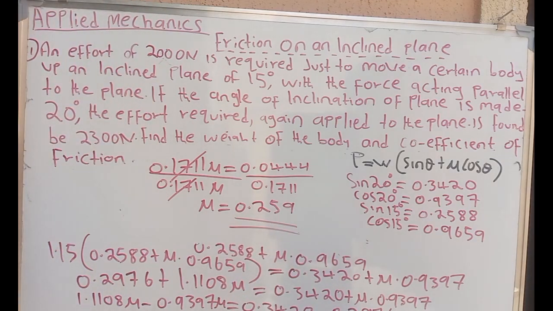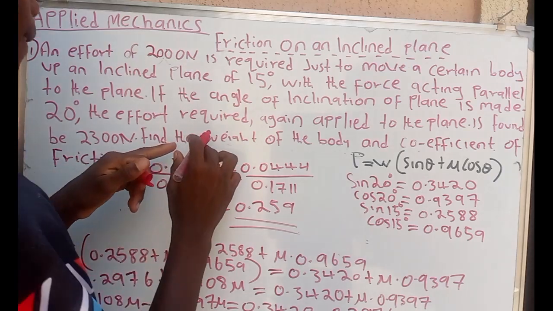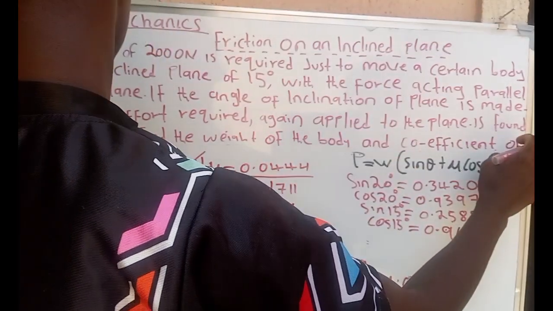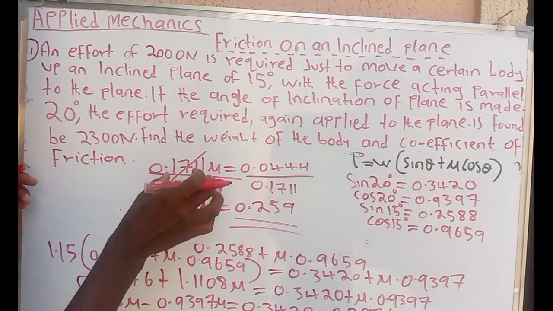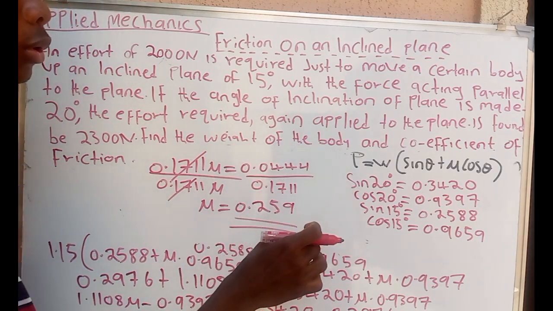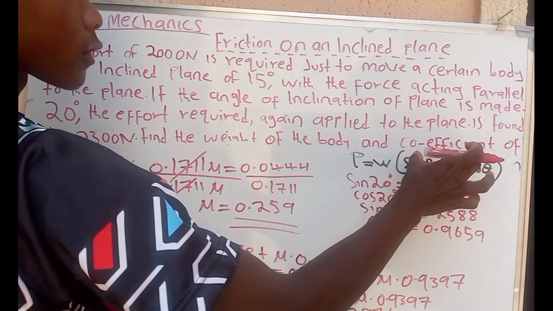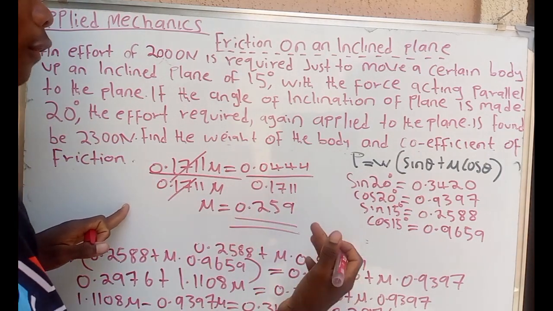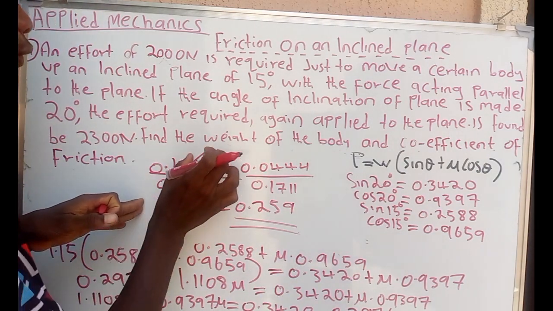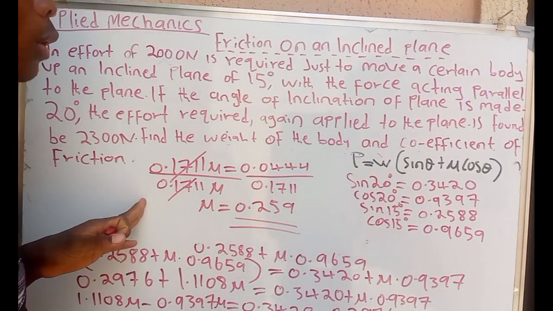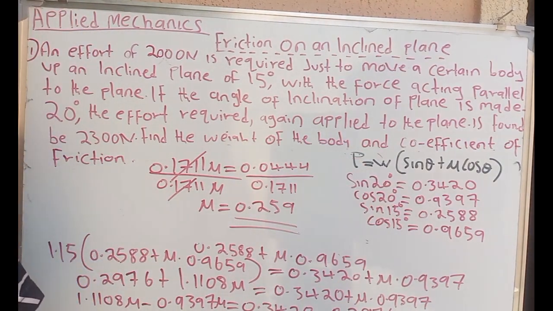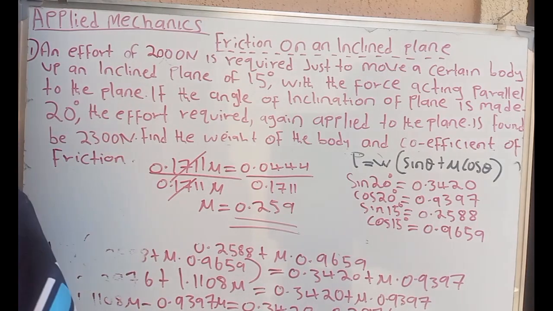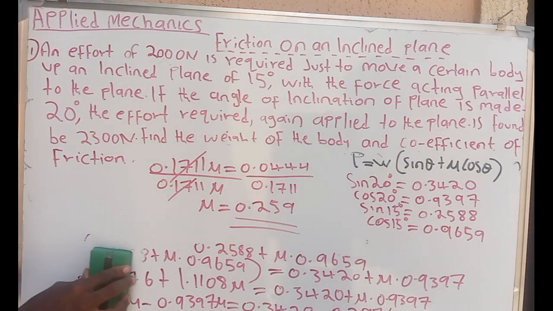So the next thing to do, the question says find the weight of the body and the coefficient of friction. You can't find the weight of the body without the coefficient. We first find the coefficient of friction, and then we use the formula to find the weight. So this is the final solution for the coefficient of friction.